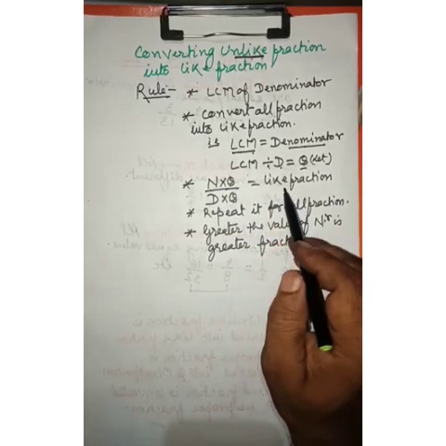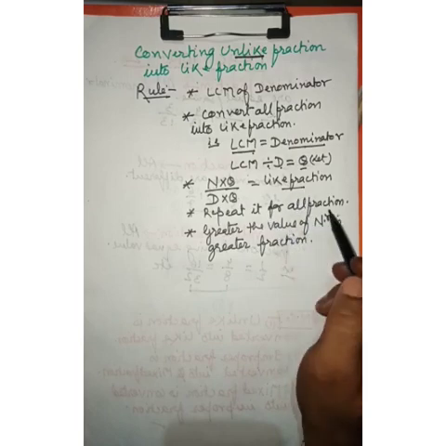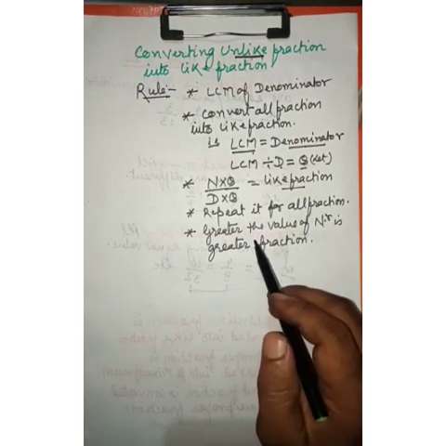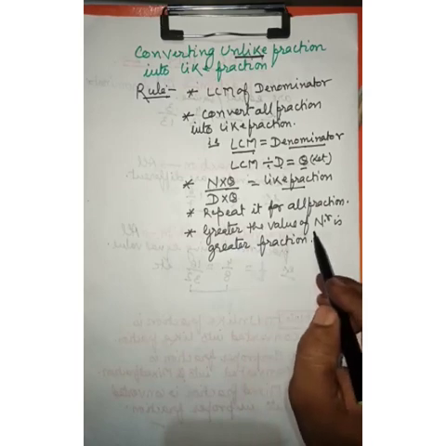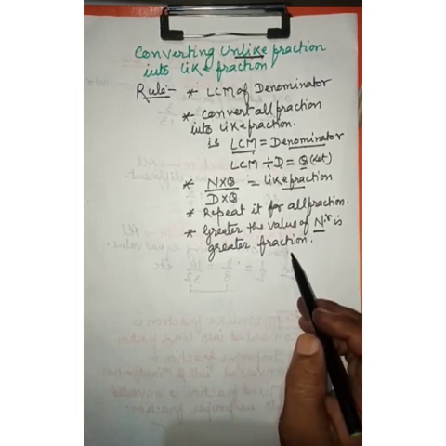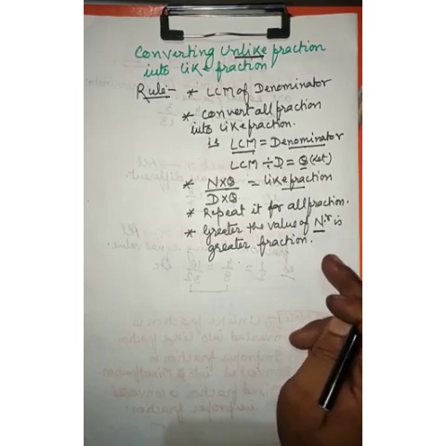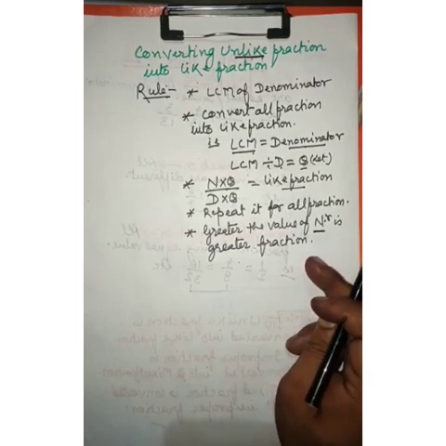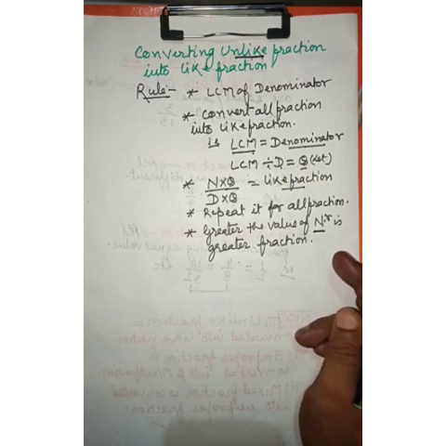Now this becomes like fractions. Repeat this process for all the fractions. At last we see all the numerators' values, and the fraction with the greater numerator is the greater fraction. Student, understand?